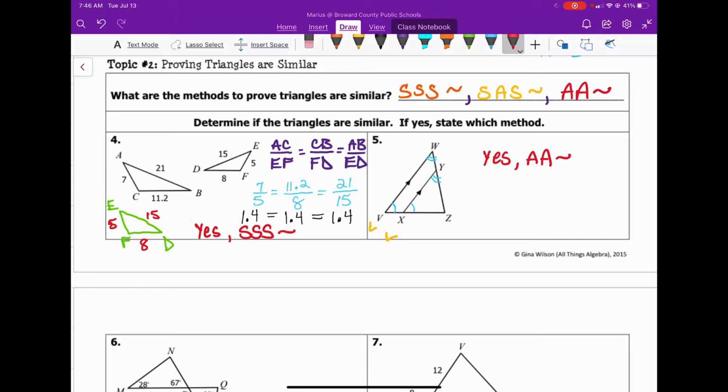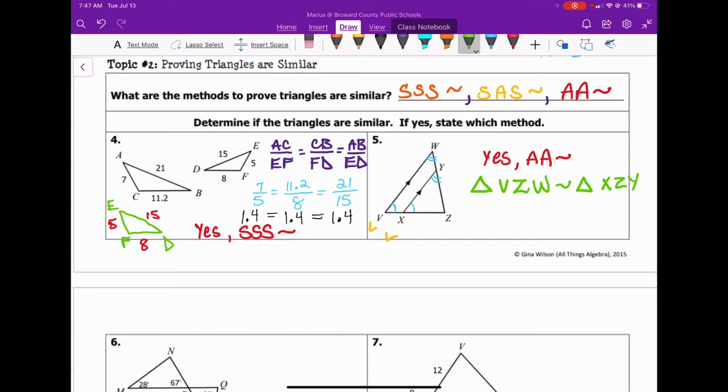Now, one thing I did forget to do for number 4 and number 5 is write the similarity statement. So for number 5, the similarity statement would be triangle VZW is similar to triangle XZY.